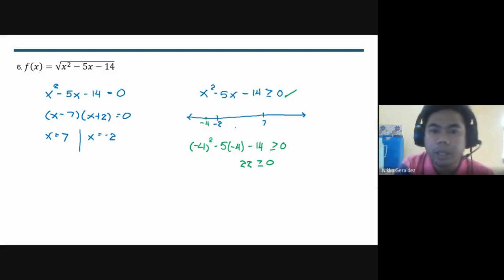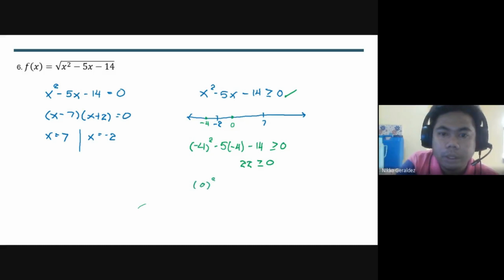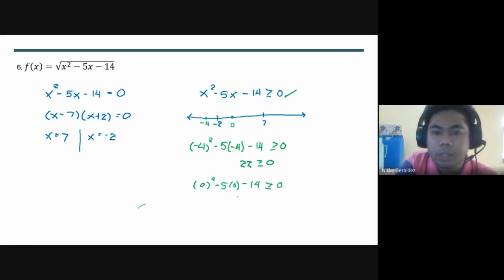Next, take a test point between the interval negative 2 and 7. Let's say 0. So, 0 squared minus 5 times 0 minus 14 greater than or equal to 0.